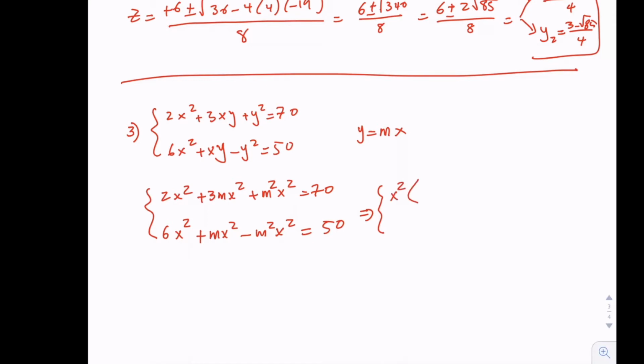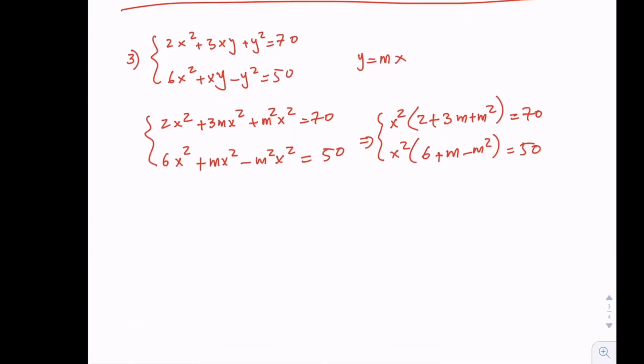So we have x squared times 2 plus 3m plus m squared is 70, and x squared times 6 plus m minus m squared is 50. Now if I divide these two by each other, x squared will cancel and I will have a second order equation. So this seems to be a neat trick that we decided to set y equals to mx.